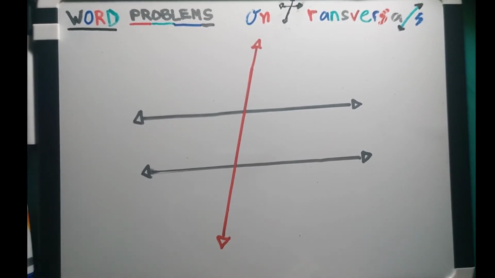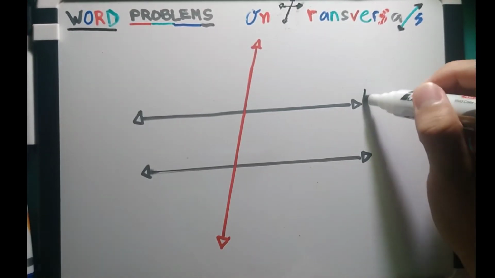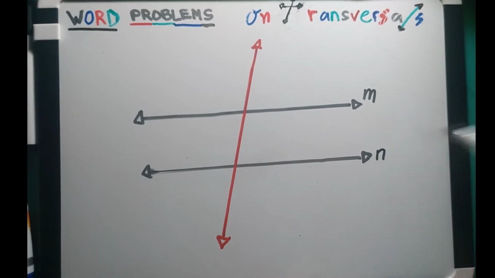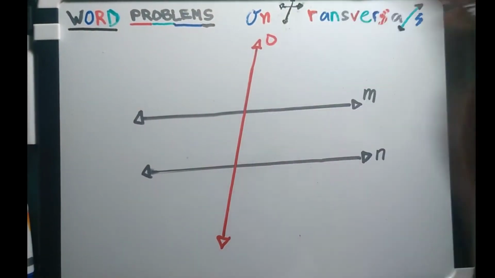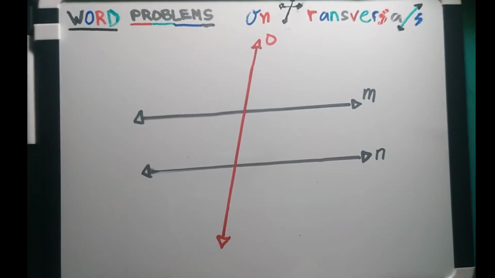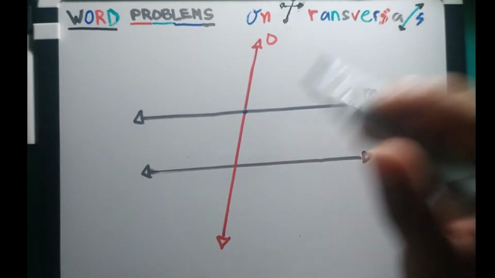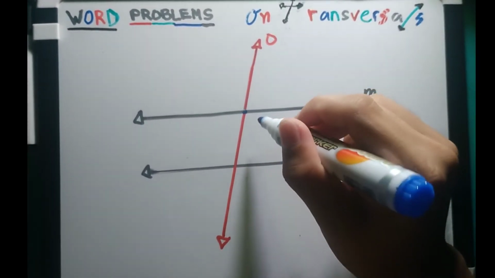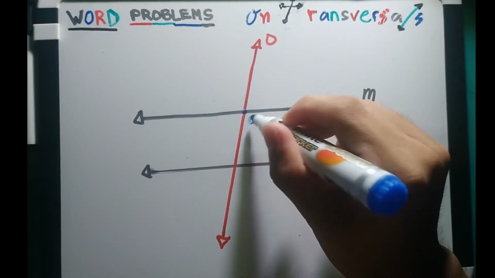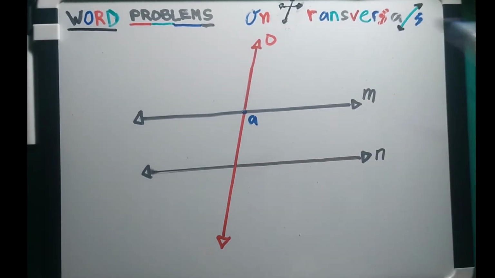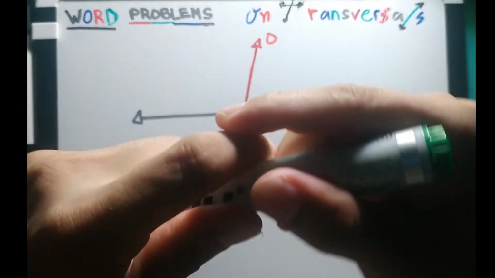Let us name the two lines as line M and line N. For our transversal line, we will name it as line O. Because the transversal passes through or cuts through the two parallel lines, two intersection points are formed. Let's name the first point as point A and the second point as point B.